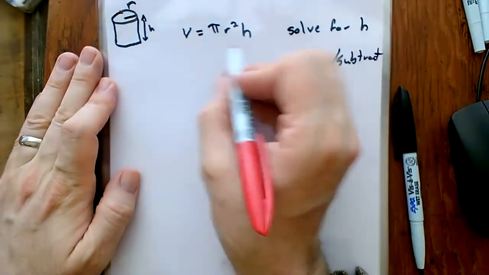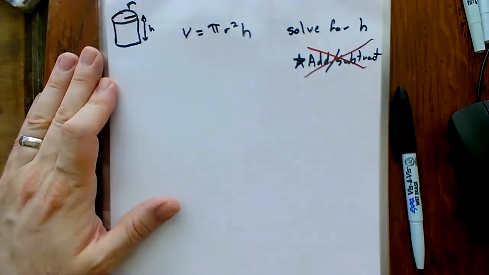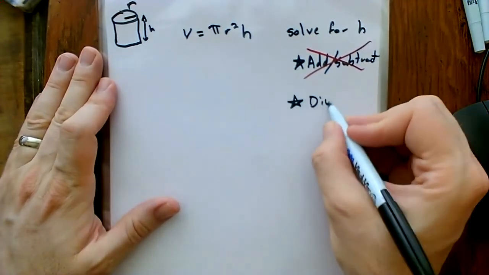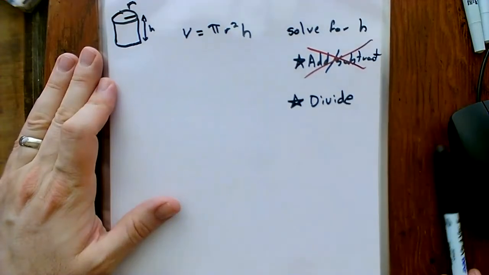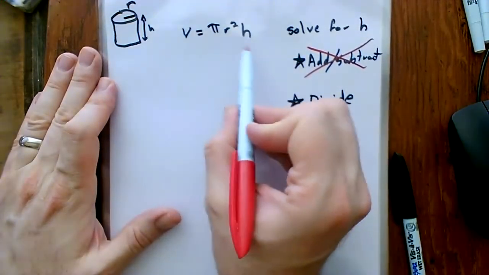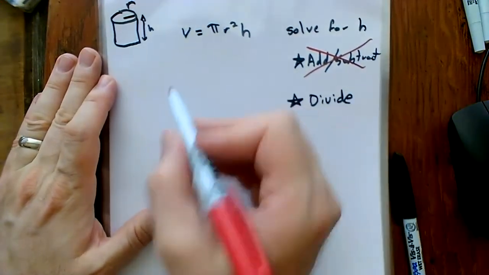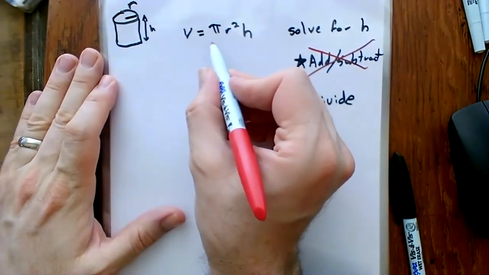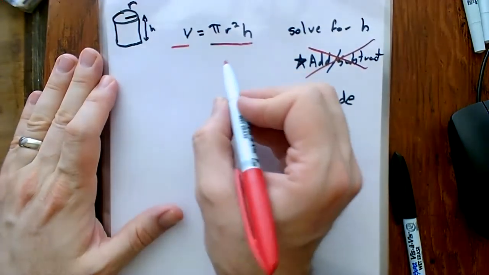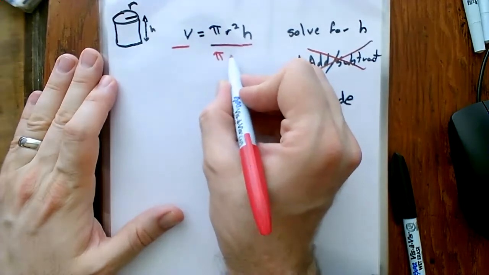So I don't need to add or subtract, but what I can do is divide. And what I'm going to divide by is everything else attached to that h. I want h by itself, so let's just divide it all away. But whatever I do to one side, I do the same thing to the other. So I'm going to divide both sides by pi and r squared.